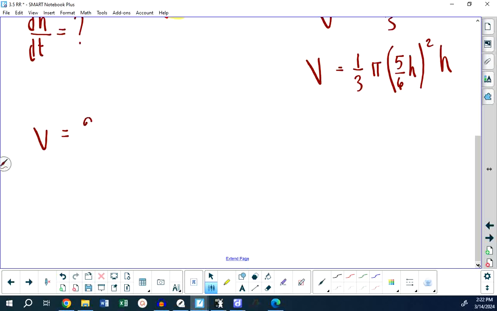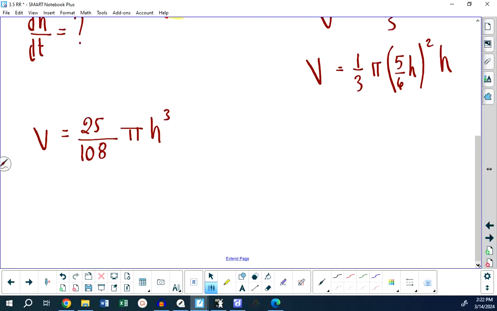I want to say 25 over 108. So I'm asking you to extract all of those numbers and see if that's what you get. The 5 squared is 25. I'm just asking you to confirm if 3 times 6 squared is 108. And I'm pretty sure it is. So we get that times pi times h cubed, and we're off and running.